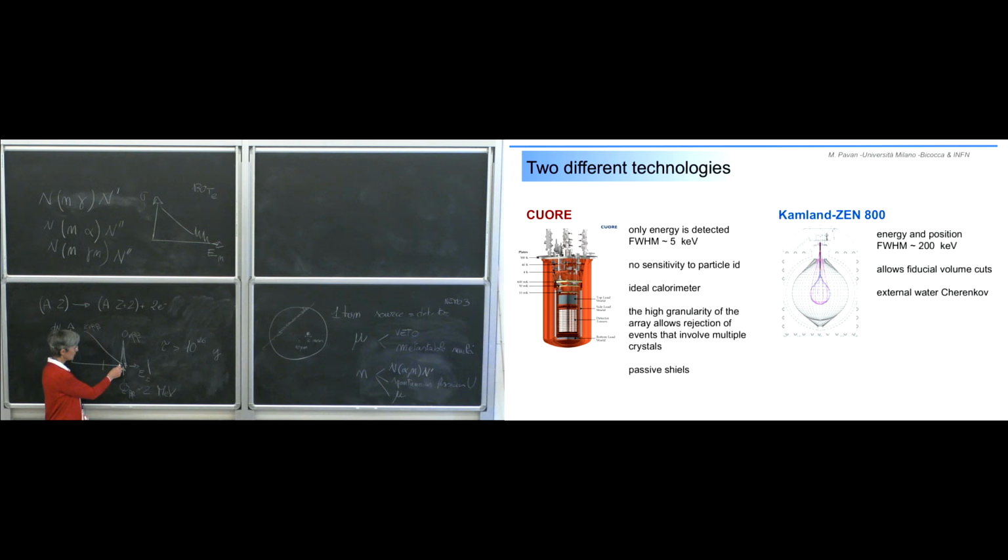And of course, the probability that you have a background line in 5 keV is quite different than having it in 200 keV. However, if I want to scale the mass, here I just have to, it's not exactly like this, but I mean, a balloon a bit larger. Here I have to change my cryostat.